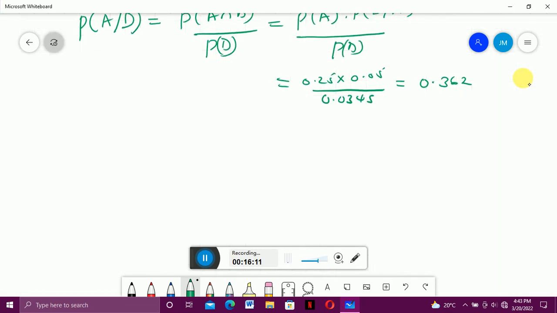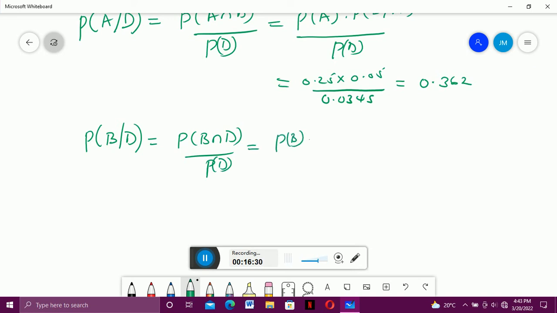We move on and say the probability that a bolt is manufactured by machine B, given that it's defective, is P(B and D) over P(D). So it's P(B) times P(D given B) over P(D). The probability of getting a bolt from machine B is 0.35.